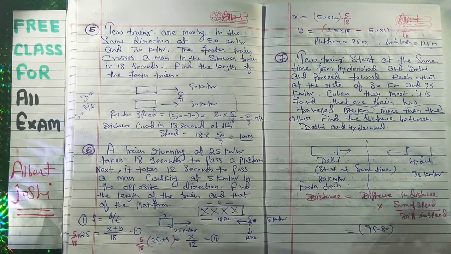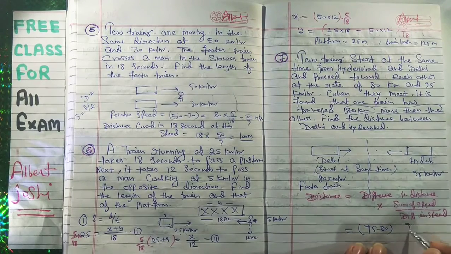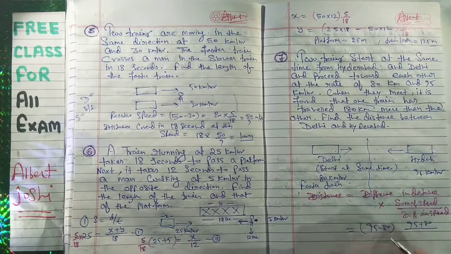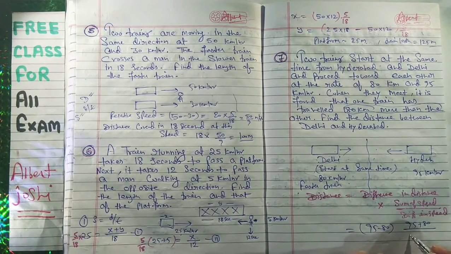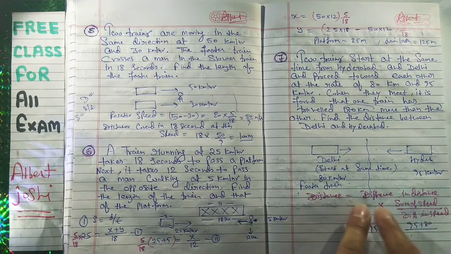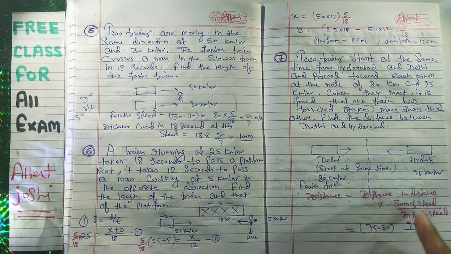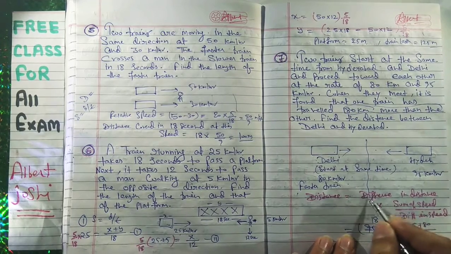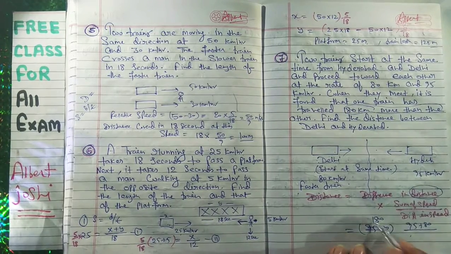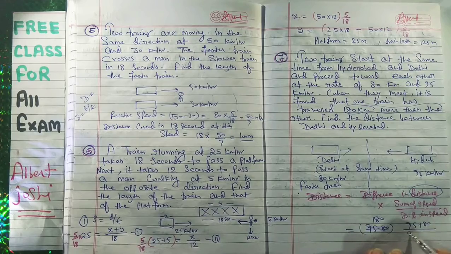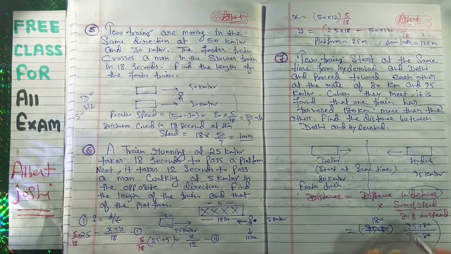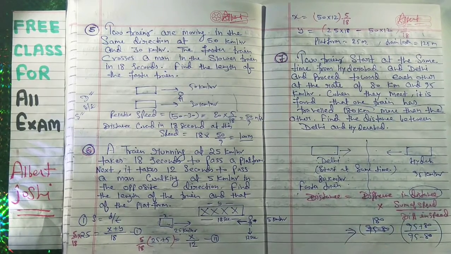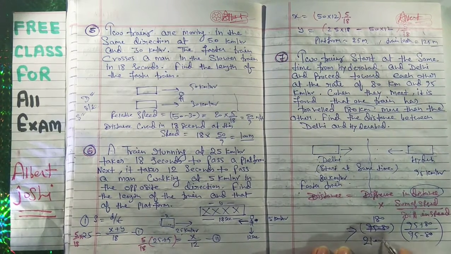The sum of the speeds is 95 plus 80, and the difference of the speeds is 95 minus 80. And what is the difference in distance? That is 180. If you calculate it, you will get the result. So your answer will be 2100 kilometers.